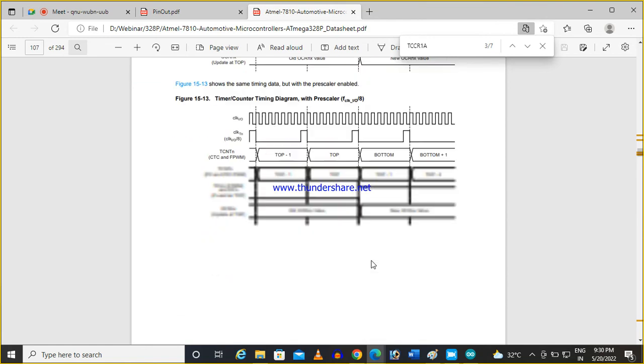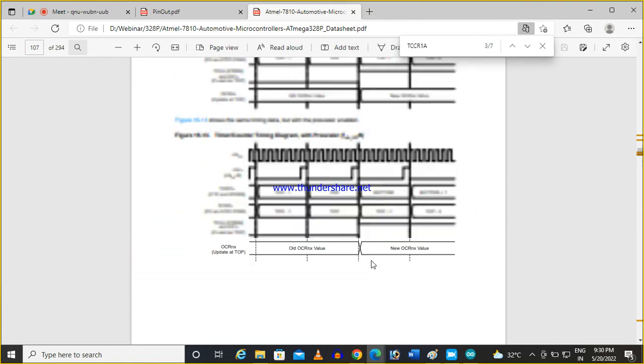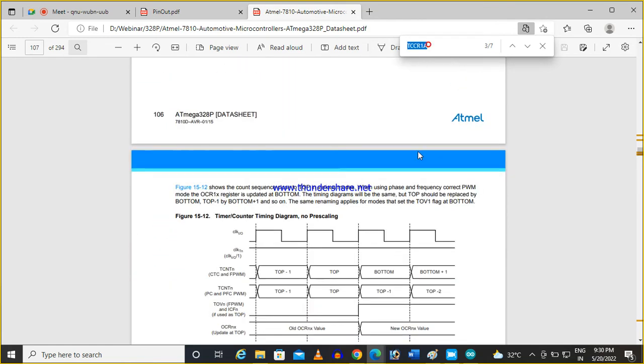So you have to see the PWM. Let us search here for PWM.